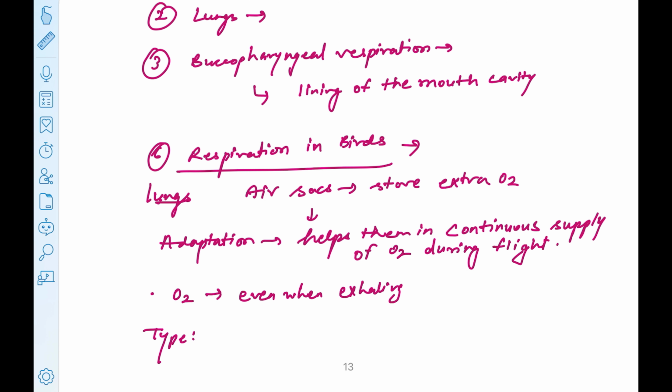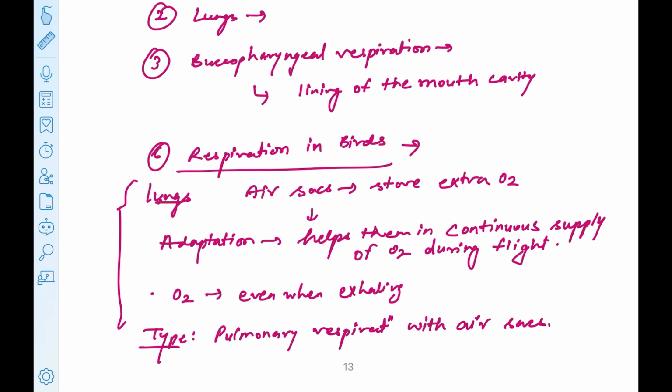So this type of respiration is known as pulmonary respiration with air sacs. Respiration in birds is very special and highly efficient because flying requires a lot of energy. So they have evolved a unique system of air sacs and lungs that ensures their body gets a continuous supply of oxygen even while exhaling.